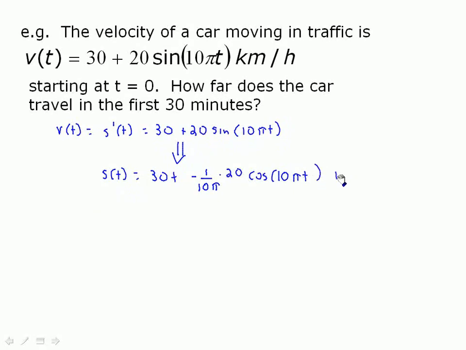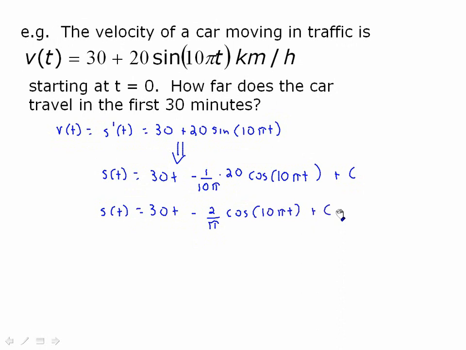And of course plus c. So when we clean this one up a little bit, we'll get 30t minus 20 over 10, it would be 2 over pi, and then cosine of 10 pi t plus c.